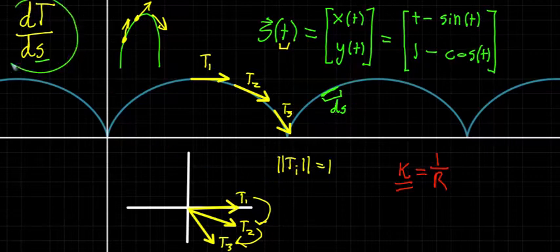How much does that unit tangent vector change with respect to a tiny change in the arc length? As we travel along, let's say it was a distance of like 0.5, you want to know, did this unit vector change a lot or a little bit? But I should add something here. It's this tiny change in the vector that would tell you what the vector connecting their two tips is.